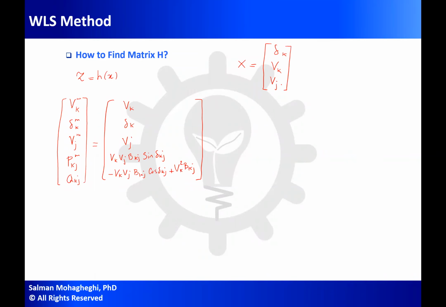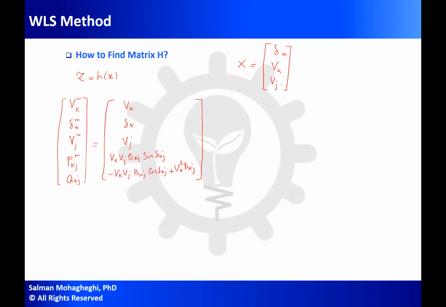The first row of the matrix is going to be the derivative of H1 with respect to X1, the derivative of H1 with respect to X2, the derivative of H1 with respect to X3. Again, notice that this is X1, this is X2, this is X3.